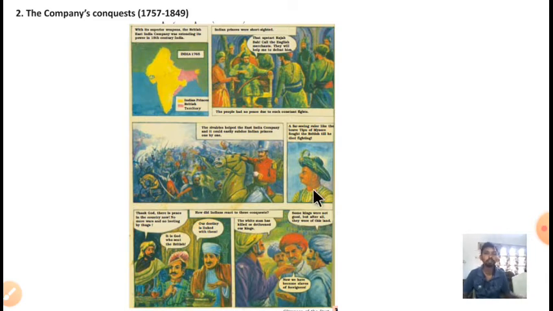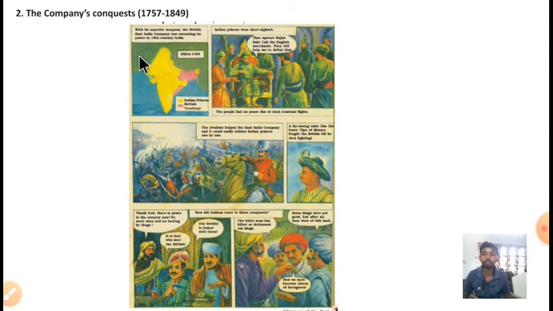You can see the map of India, showing how the East India Company captured India. They came only for business purposes, but later they slowly captured India. Whatever pink color is there on the map is the territory of the East India Company.